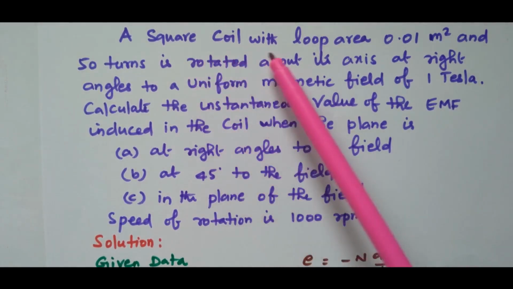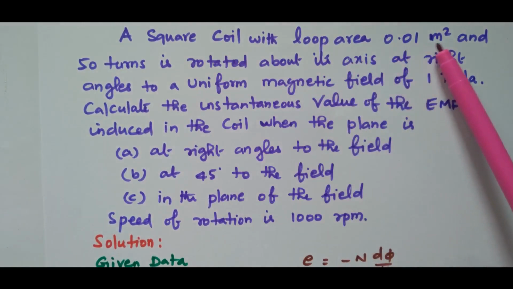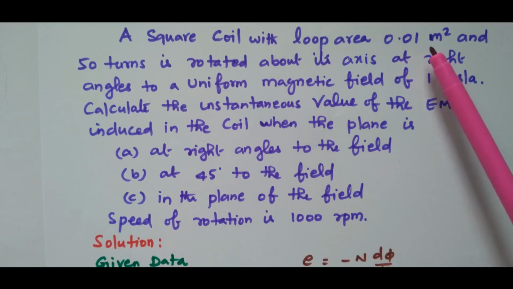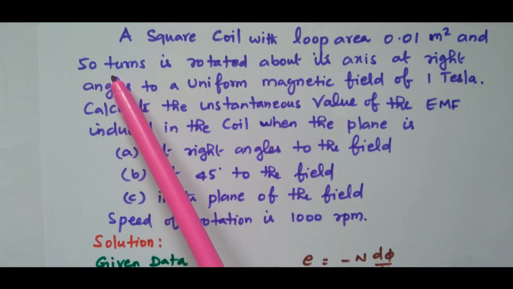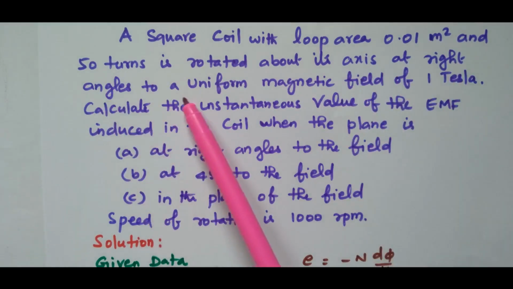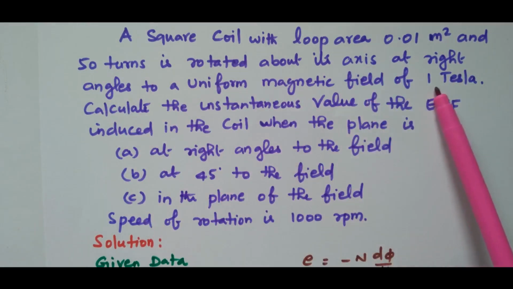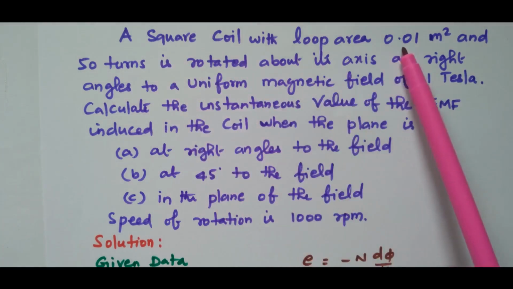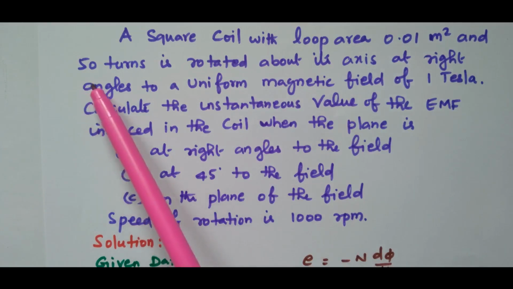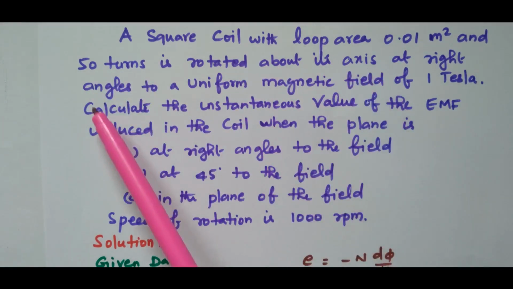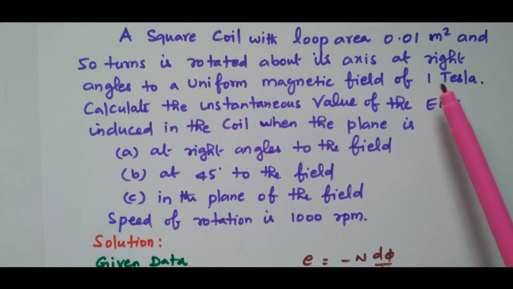A square coil with loop area 0.01 meter square and having 50 turns is rotated about its axis at right angle to a uniform magnetic field of 1 Tesla.